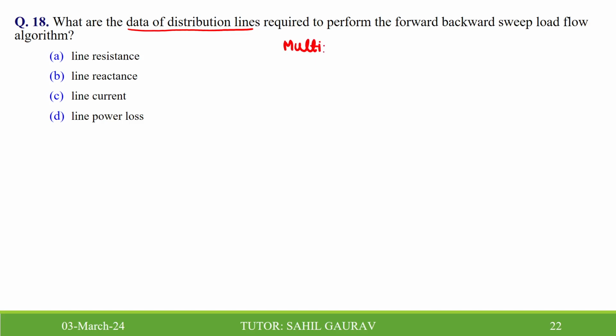Line resistance, line reactance. Yes, A and B are correct answers. After knowing the line current, you can find the voltage at different buses with the help of the line resistance and line reactance by applying the KVL. So A and B are the correct options.